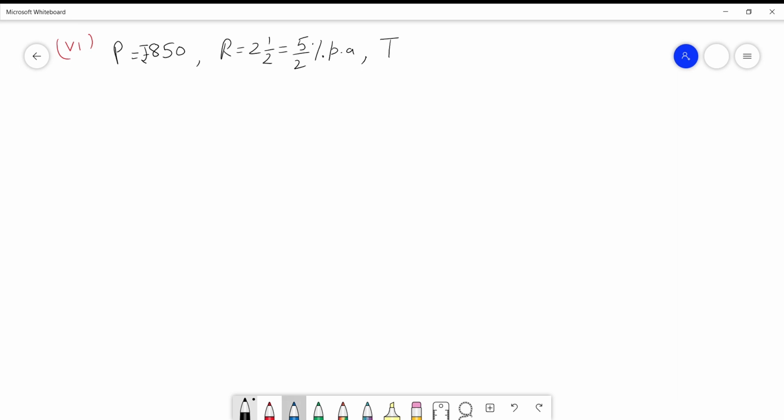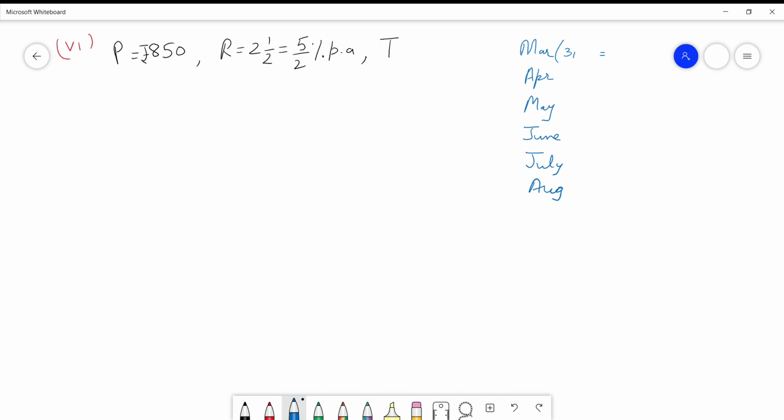Now I will go to the rough side and find out the days. So March to August. March, April, May, June, July and August. March, it's starting from 10th.